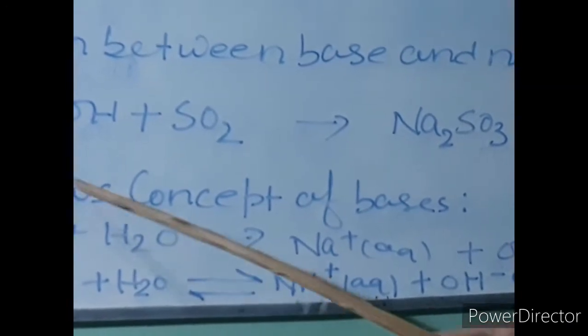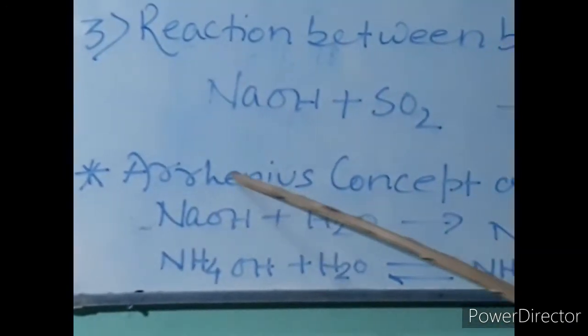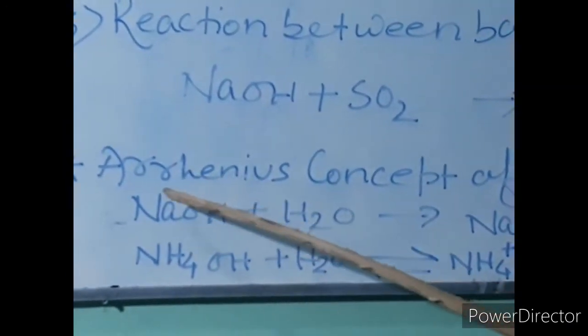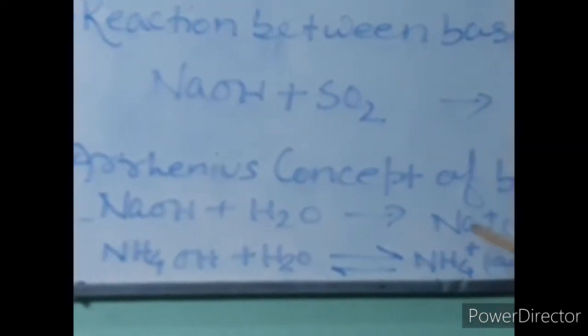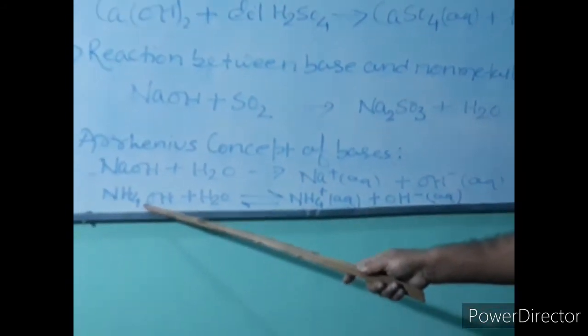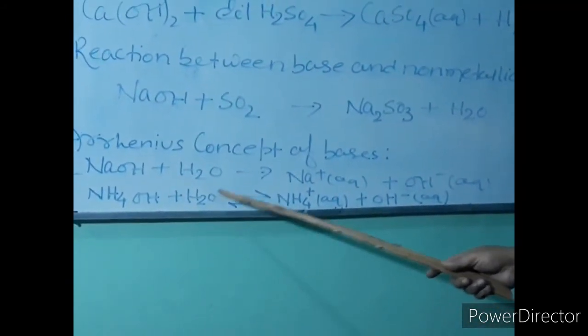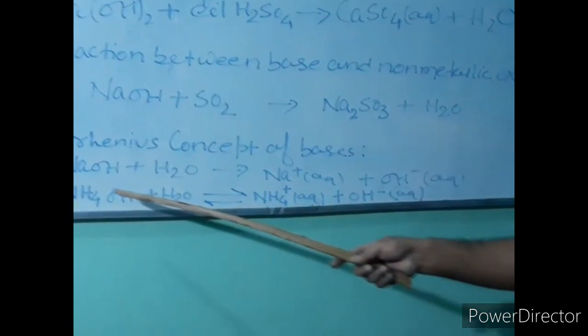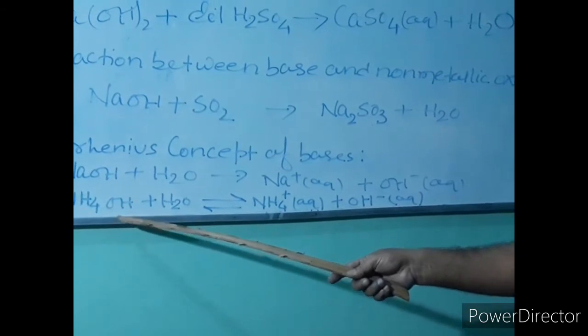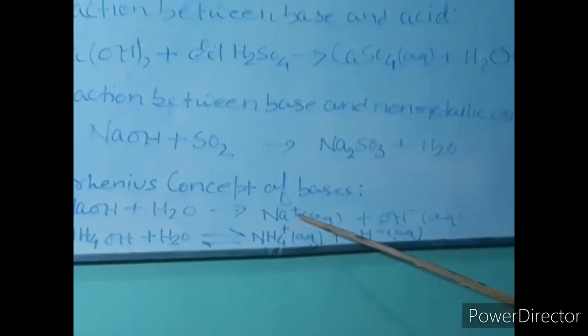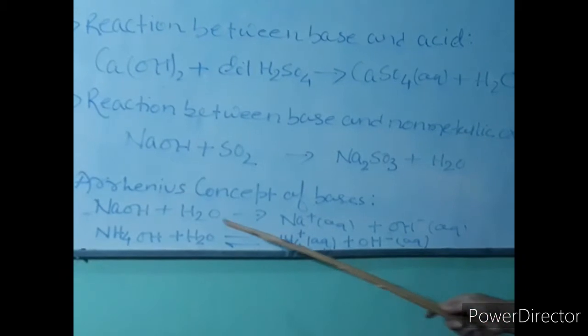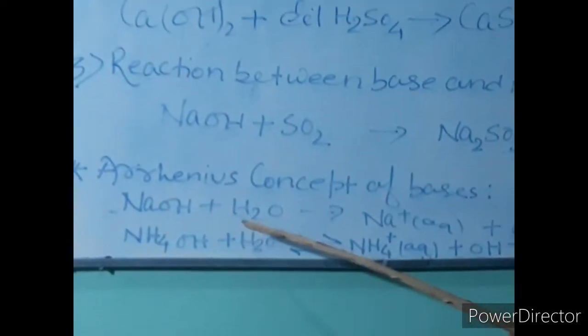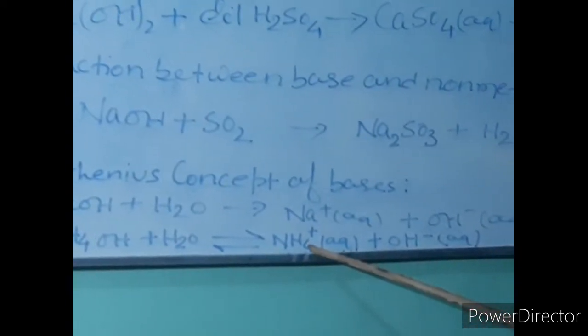This shows that sodium hydroxide dissociates completely into Na+ and OH-. But the other example, NH4OH plus H2O, is represented by a double-headed arrow. This shows that ammonium hydroxide dissociates partially into ammonium ion and hydroxide ion. It means not all the ammonium hydroxide molecules dissociate into ions.